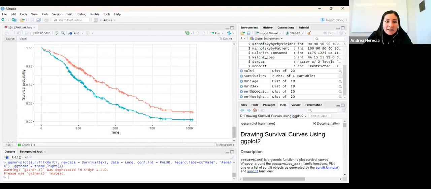And as time goes on, we can see that curve dropping, and it starts pretty early. You can see pretty early the difference between males and females.